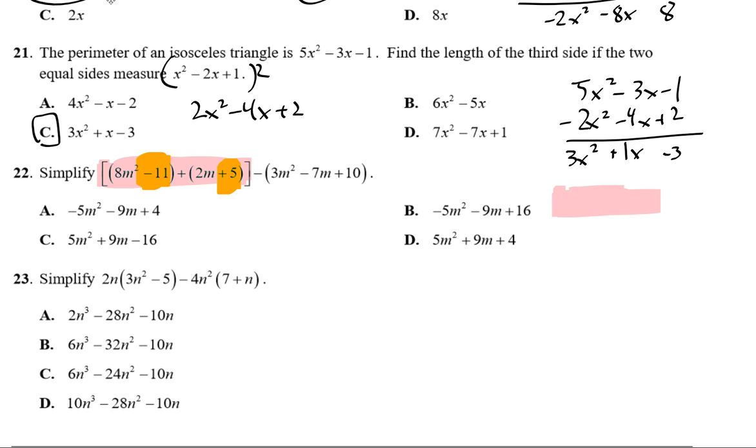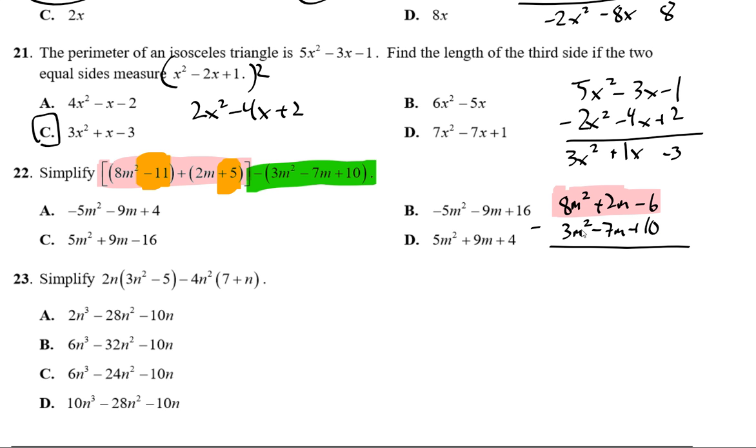Here, we've got 8m squared. We've got a 2m. What's that 2m there? And -11 and 5 get me -6. I'm just writing these in descending order because it's a nice habit to have. And if I'm subtracting this guy here, I'm subtracting 3m squared minus 7m plus 10. That's this one. Then I just do each one like terms only. So -6 minus 10 is -16.